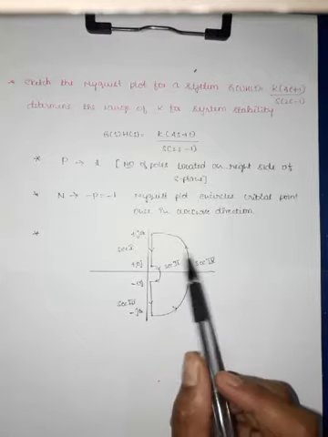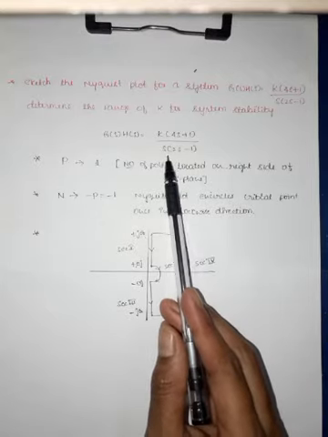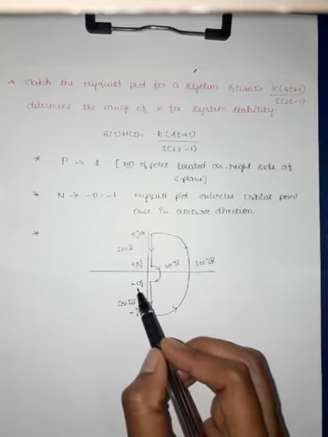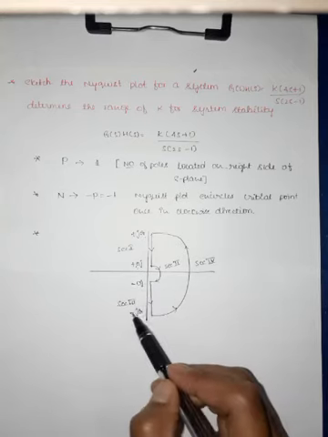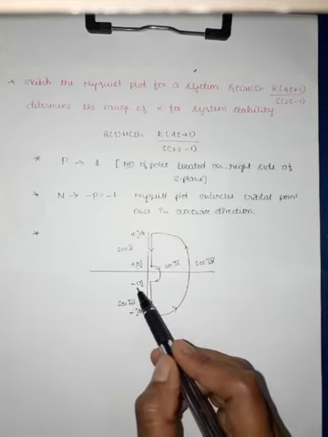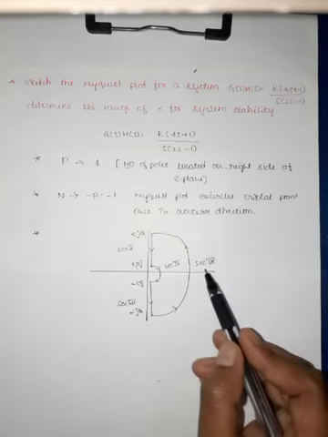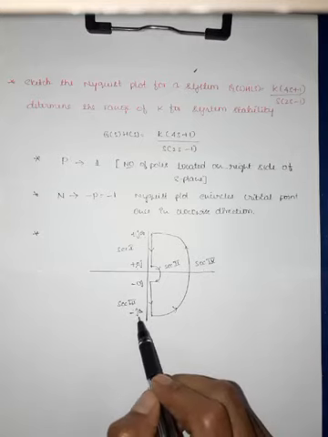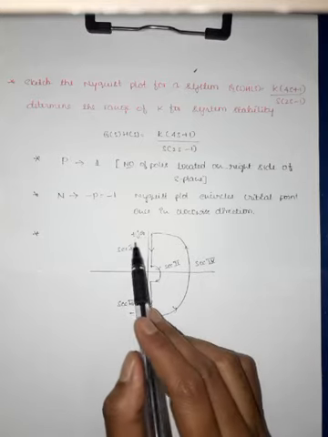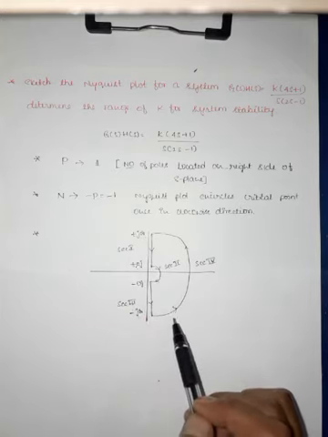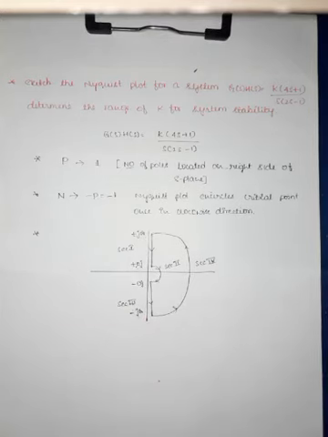Section 2, because one pole is located at the origin, the starting point is plus 0 and the terminating point is minus 0. Third section, the starting point is minus 0 and the terminating point is minus infinity. Fourth section, the starting point is minus infinity and the terminating point is plus infinity. I have taken the Nyquist path in the anti-clockwise direction.